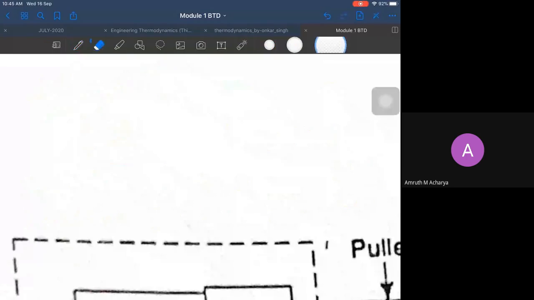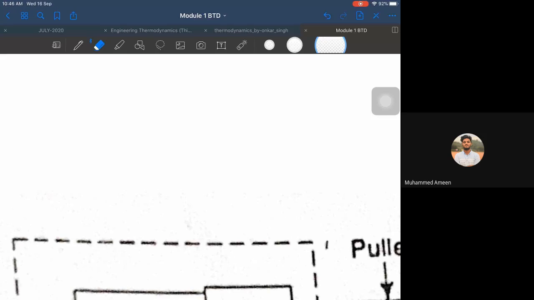Yes, guys. Muhammad Amin. Yes, sir. If you are working on the system, that means you are inputting work to the system, then it is negative or positive? Negative, sir. Work done on the system is negative. Correct.